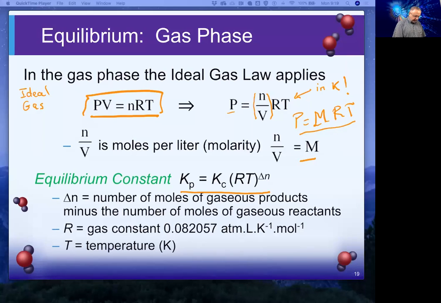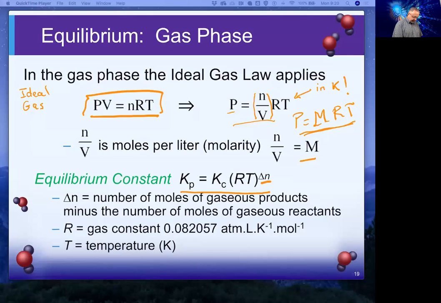So Kp is going to be equal to Kc times RT. If you remember this one, you know that pressure is equal to molarity times RT. So Kc is in molarities, times RT. Now you have a delta n.